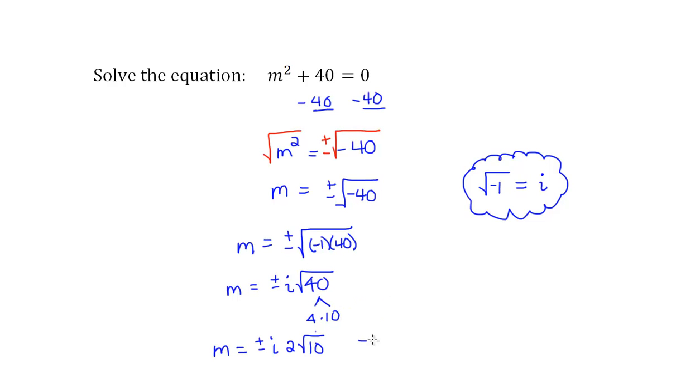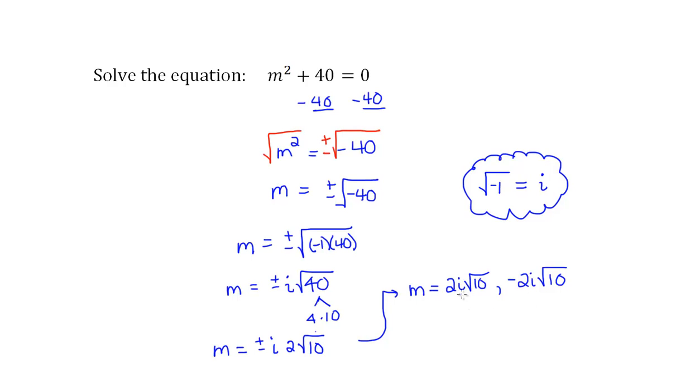Let's clean up these answers a little bit. m is the positive answer, 2i times the square root of 10, or m is negative 2i times the square root of 10.